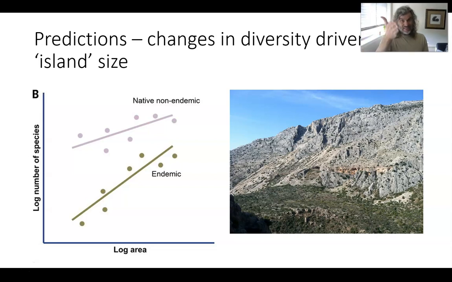That means species that did not necessarily evolve in New Zealand or did not evolve in the highlands of southern Spain, which is the example here. The larger a particular island patch is, regardless of where it is, the more likely you are to have a higher number of endemic species, more opportunity for persistence of unique species within them.